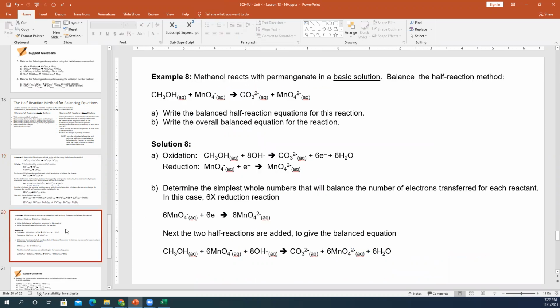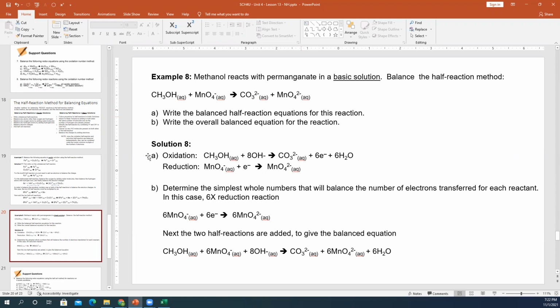That being said, now let's look at an example of how to balance a redox equation in a basic solution using the half reaction method. So here, again, we have methanol reacting with permanganate in a basic solution.